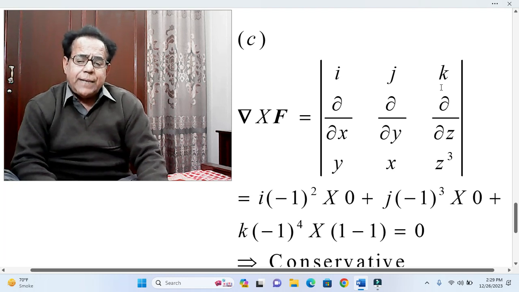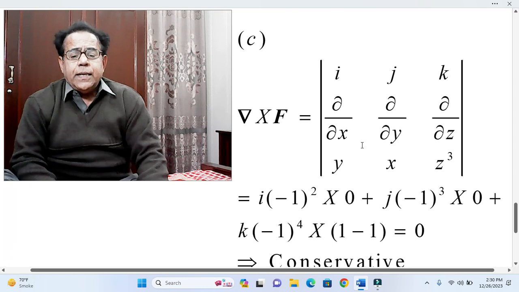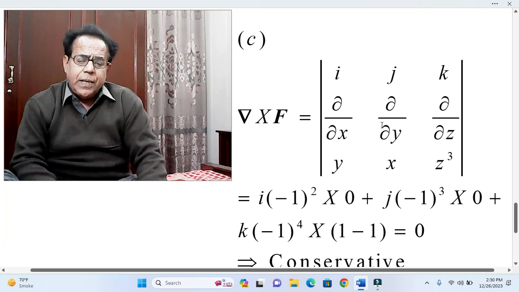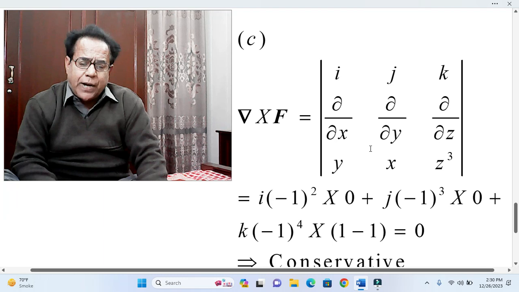Plus k, third column treated as omitted, first row treated as omitted, partial over partial x of x, it is 1. The partial derivative of x with respect to x becomes 1. Similarly, the partial derivative of y with respect to y becomes 1.